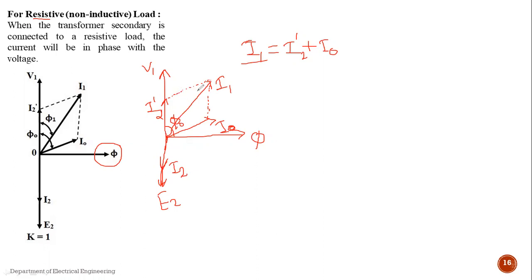It will lag behind the primary voltage at some angle. So this angle we can represent as the angle phi 1. Okay, so this is the phasor diagram for resistive load.